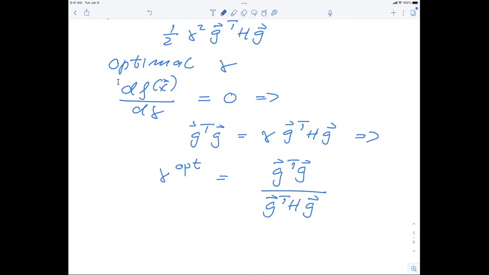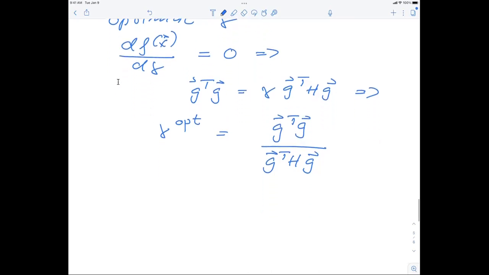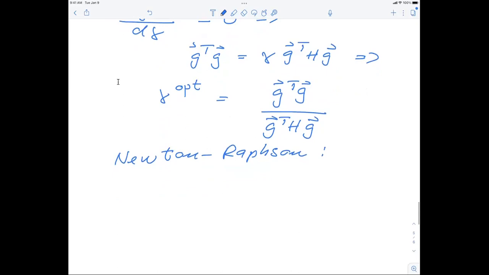Now, if we go back to Newton-Raphson's method, what we have in that case is an iterative scheme where we have k plus 1, an iteration using the values from the previous iteration.